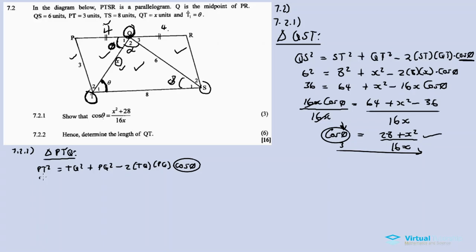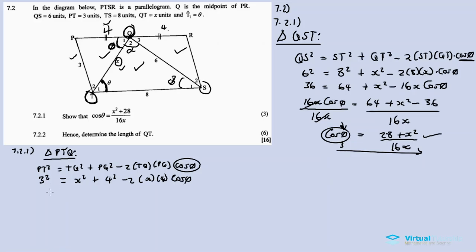PT is 3, so you go 3 squared, and TQ is x, so x squared plus PQ, which is 4 squared, minus 2 times x times PQ, which is 4, times cos theta.